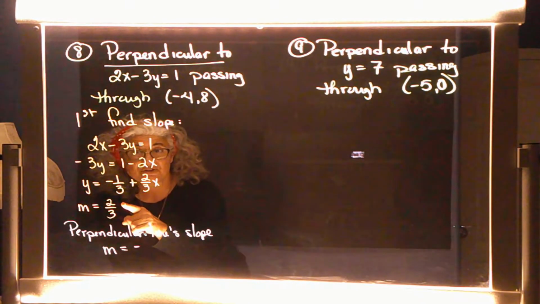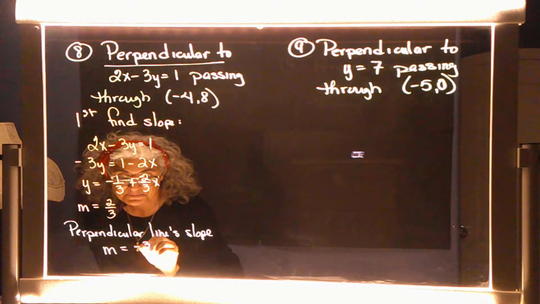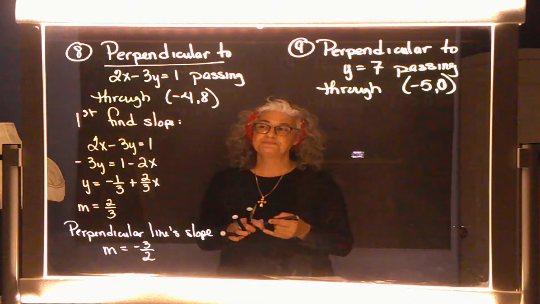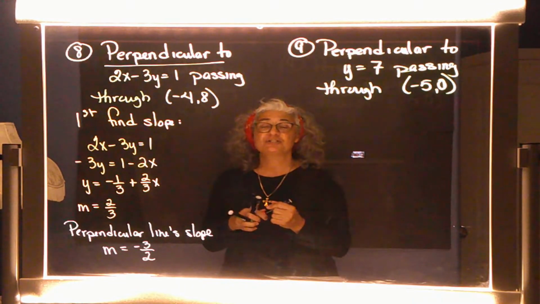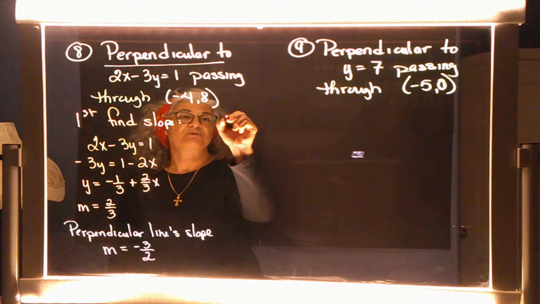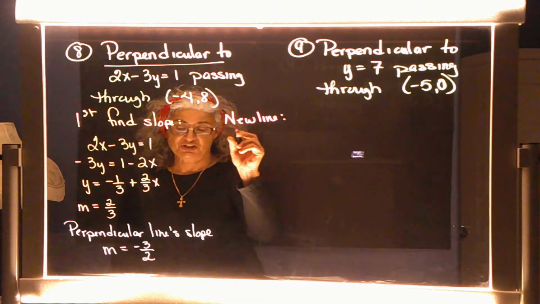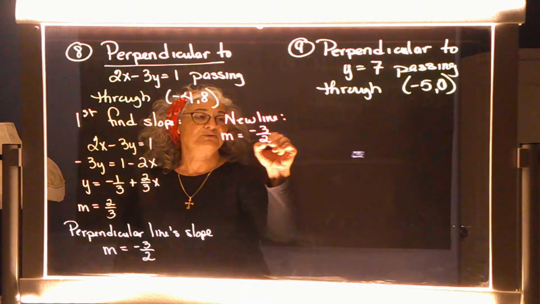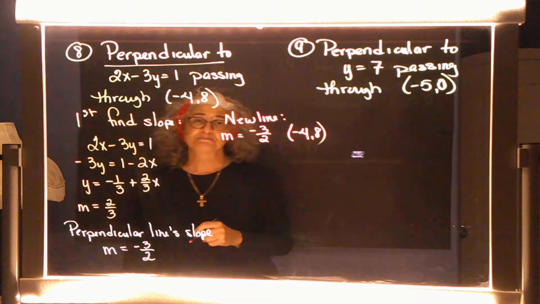So if this is 2/3, then it is -3/2. Cool? Good. Okay, now look at the information you have. So the new line, my information is the slope equaling -3/2, and the point is -4, 8, right?